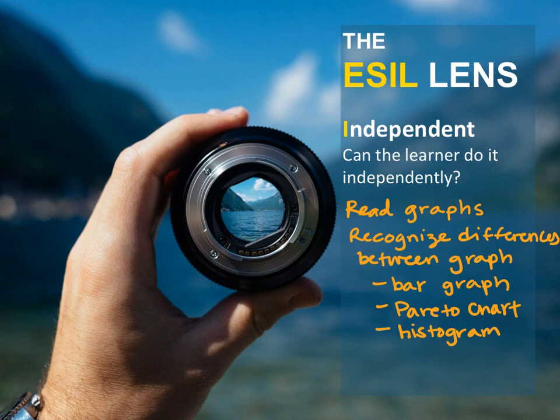So you should be able to recognize those differences. You need to be able to read graphs and know the differences between graphs. Obviously, if I say stem plot versus dot plot, you need to know the difference between those as well. Being able to read a stem plot is important. You should be able to look at a stem plot and understand what the data started off as.